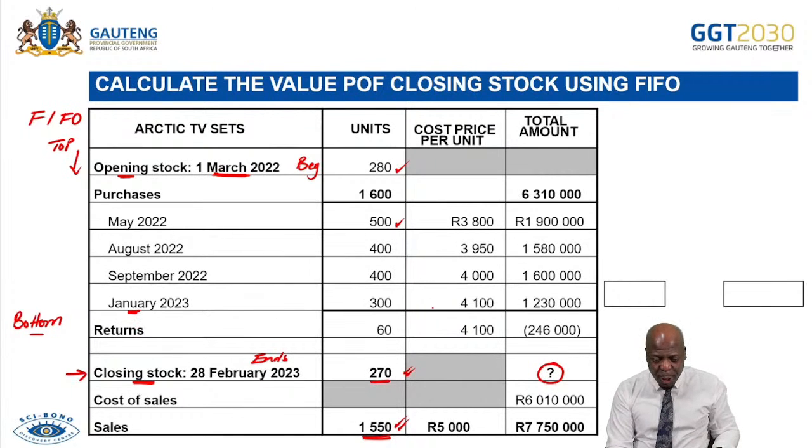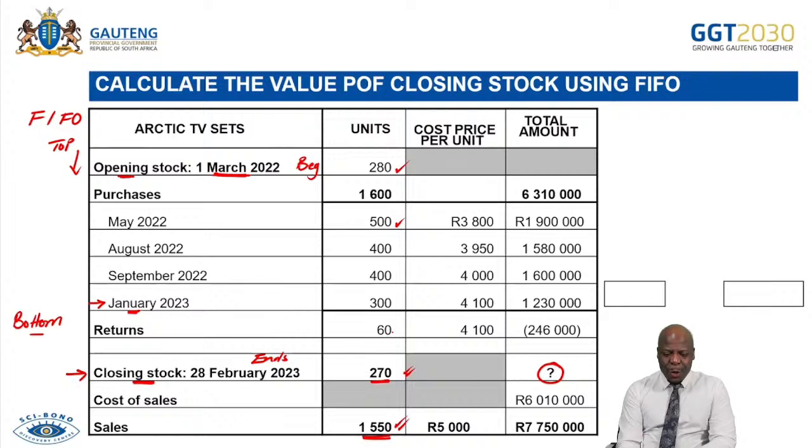So, if I want to know the value of my closing stock, I will not look at the top, but rather I'll look at the bottom. Now, in January, that is where I'll look first. How many units do you see in January? Someone says 300. Yes, you see 300 here.